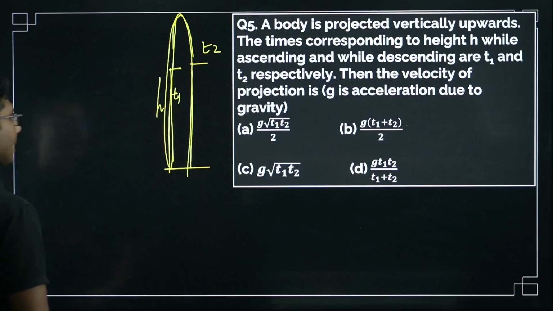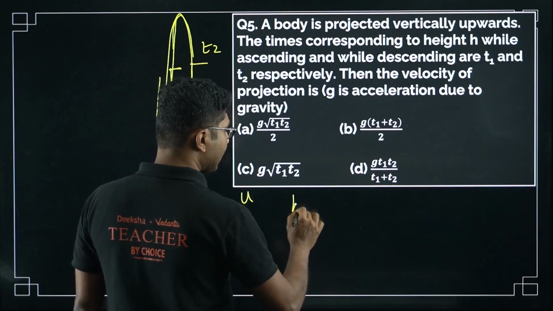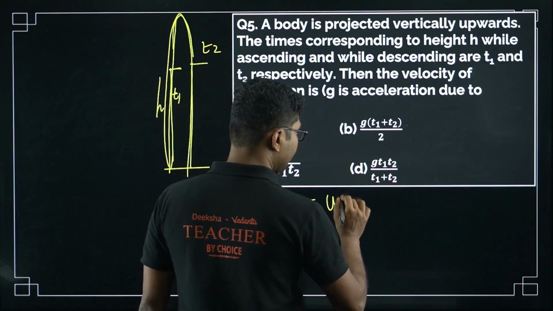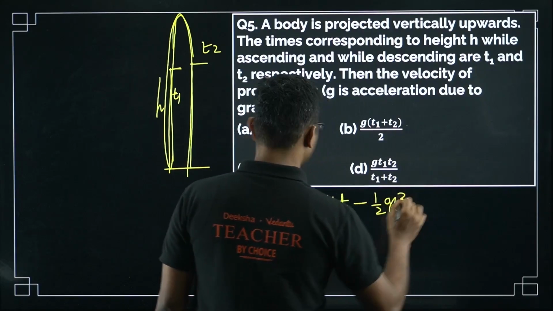First of all, let us assume that the velocity of projection is u. Then we can write h equals ut minus half gt square, since it is going up.